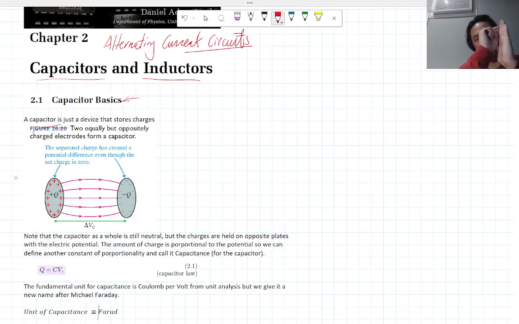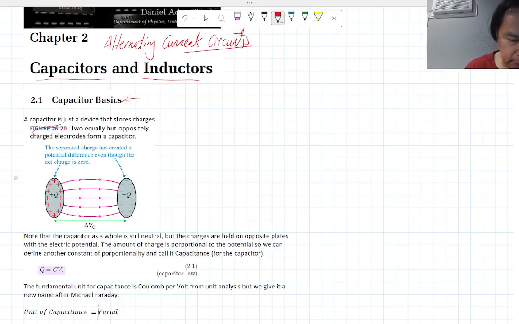The idea is that on these two parallel plates, if you apply a voltage across it, it creates an electric field between the two. If the ends of this capacitor are connected into a circuit, the charges will build up on one side of the capacitor, let's say positive on this hand, and negative charges will build up on the other side.